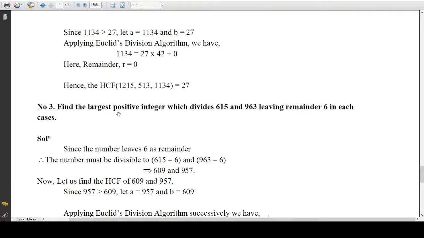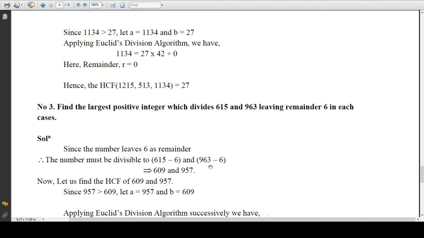That positive integer will be able to divide both of these numbers, 609 and 957, without leaving any remainder, because we have subtracted the 6. That means the number which we have to find out should be able to divide these two numbers exactly. Now which number is exactly divisible into these two numbers? It should be the HCF, isn't it? The HCF should be able to divide them exactly without leaving any remainder.